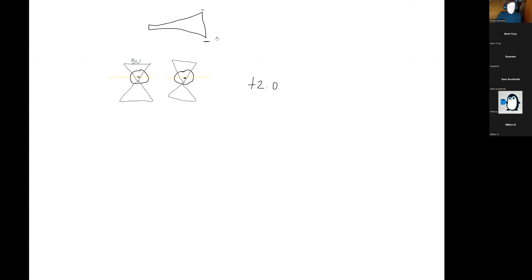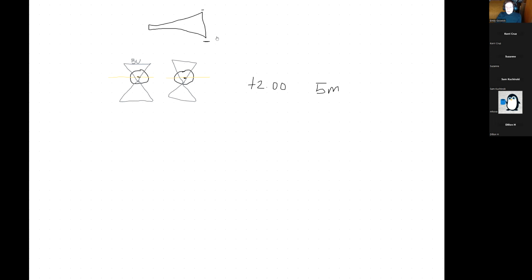Let's say we have a +2 diopter lens, decentered 5 millimeters beyond the patient's measured PD. Beyond the patient's measured PD is a bit ambiguous, because it's like, all right, is this the total PD or is this for one eye?